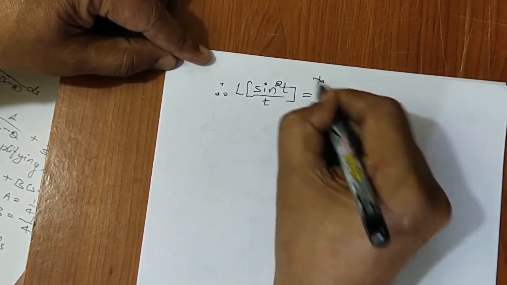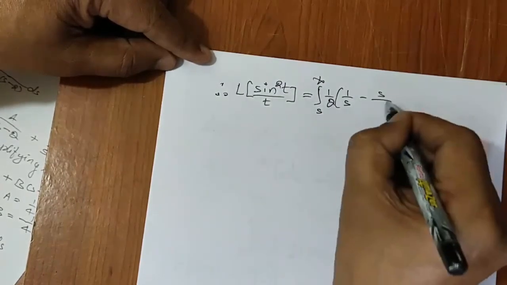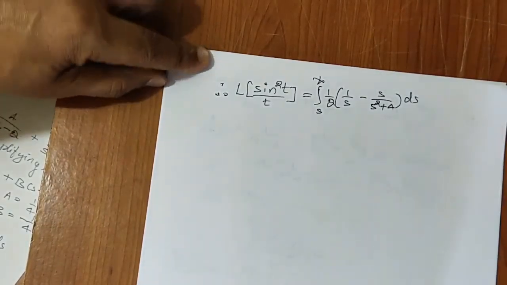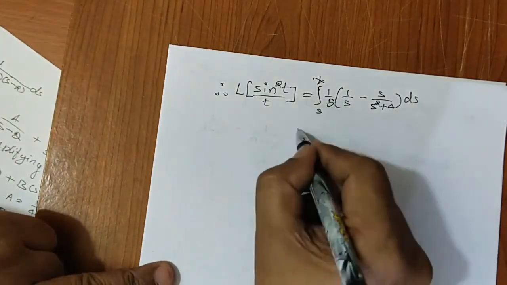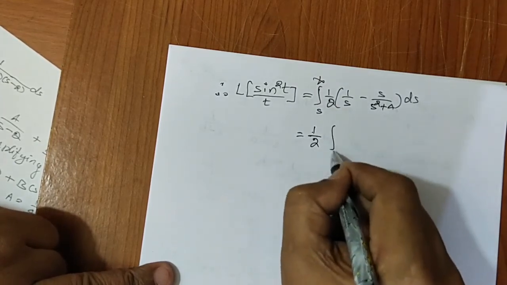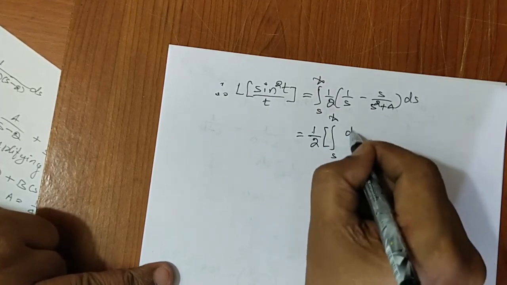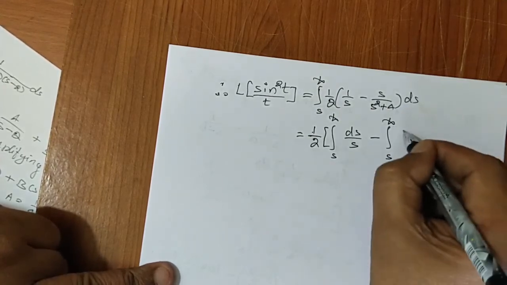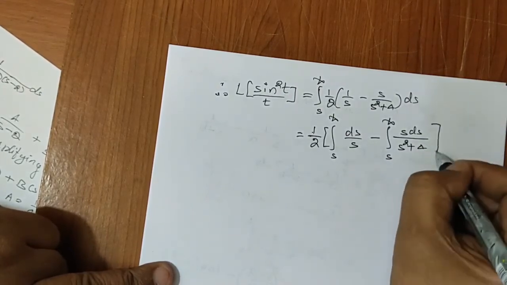Integration from s to infinity of half of (1 by s minus s over s squared plus 4) ds, by definition of Laplace transform. So this will be equal to, by the division by t formula, half of integration from s to infinity ds by s minus integration from s to infinity s ds by s squared plus 4.